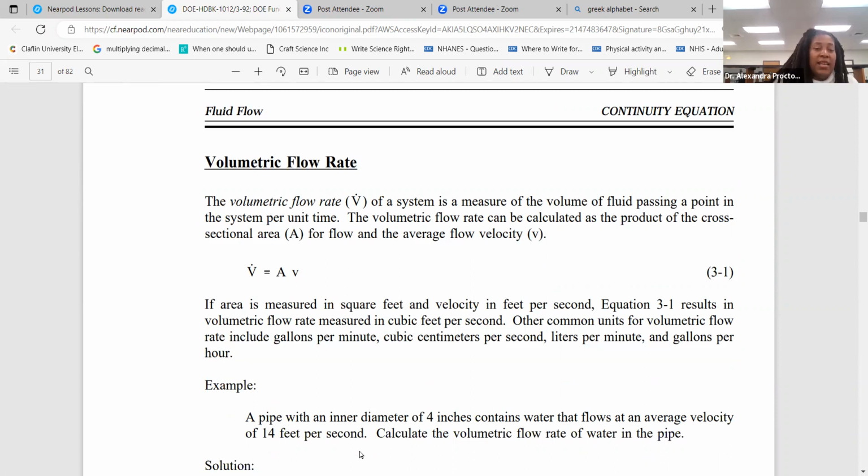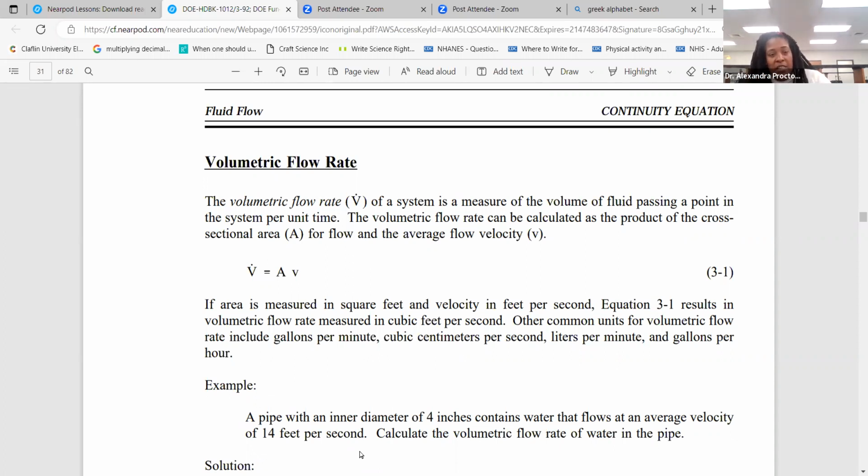Okay. Volumetric flow rate, or V, of a system is a measure of the volume of fluid passing a point in a system per unit time. The volumetric flow rate is calculated as the product of the cross-sectional area, A, for flow, and the average flow velocity.